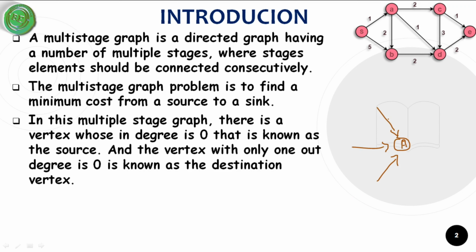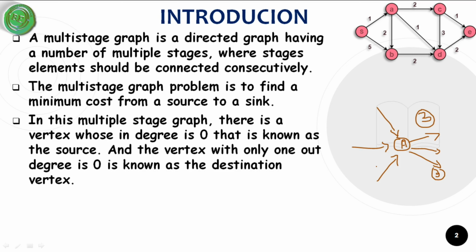Here 3 edges are directing towards the vertex, that means vertex A is directed by 3 edges, so the in degree value is 3. The number of edges going away from a node or vertex is known as the out degree. Here we have 3 edges going away from the vertex, so the out degree is 3.